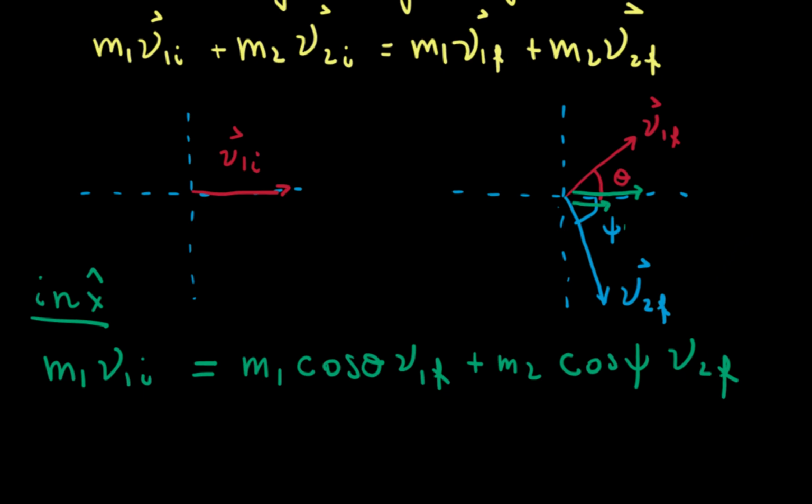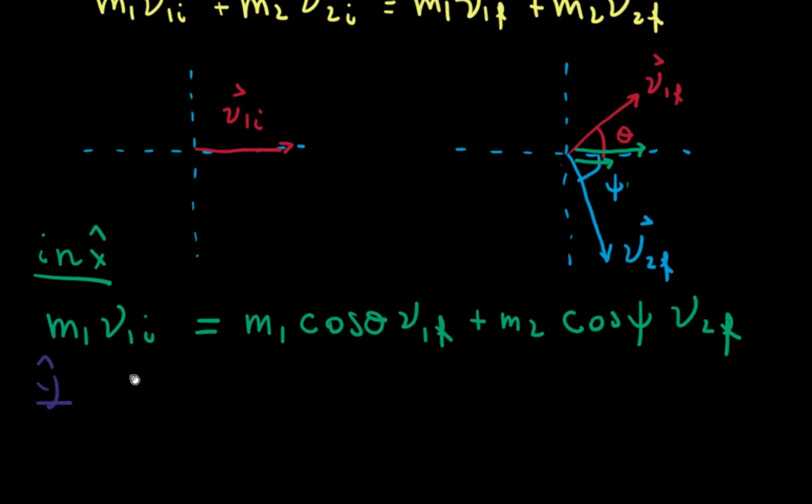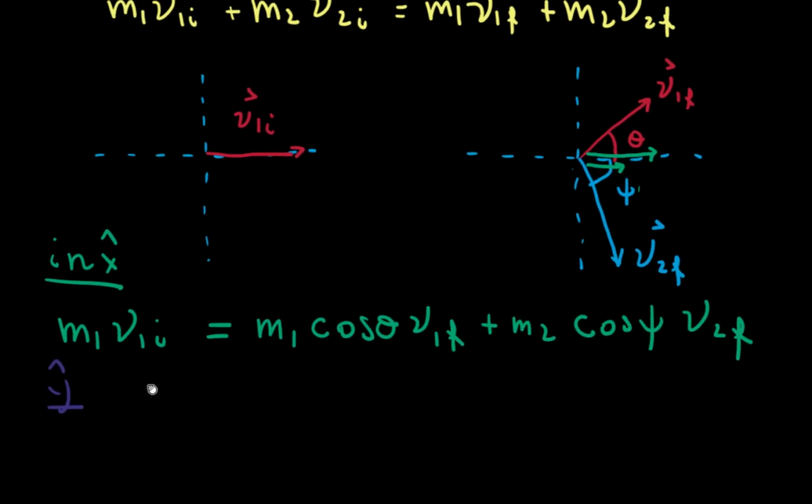So let's go ahead and do the y direction. So in y, velocity 1 final, velocity 1 initial.